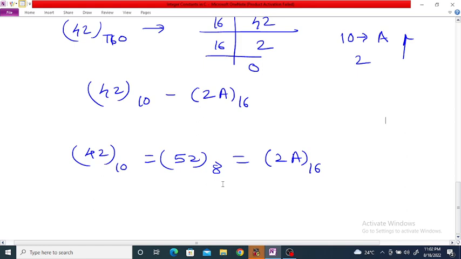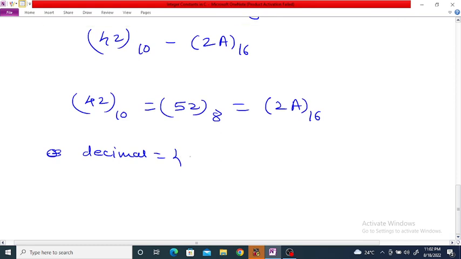Okay, so here 2a in octal. What is in octal? In decimal, it uses the digits 0 1 2 3 4 5 6 7 8 9.